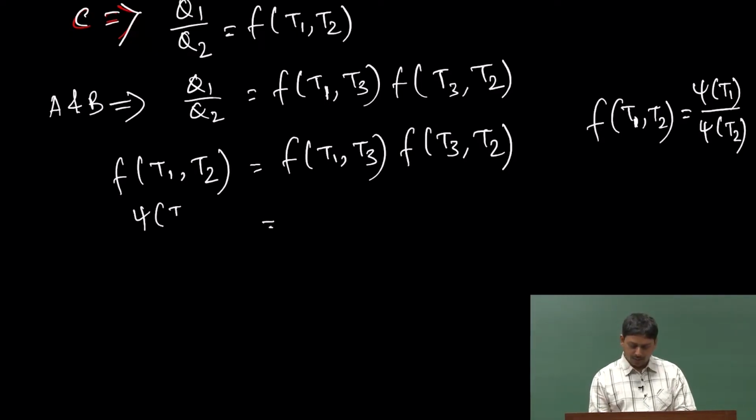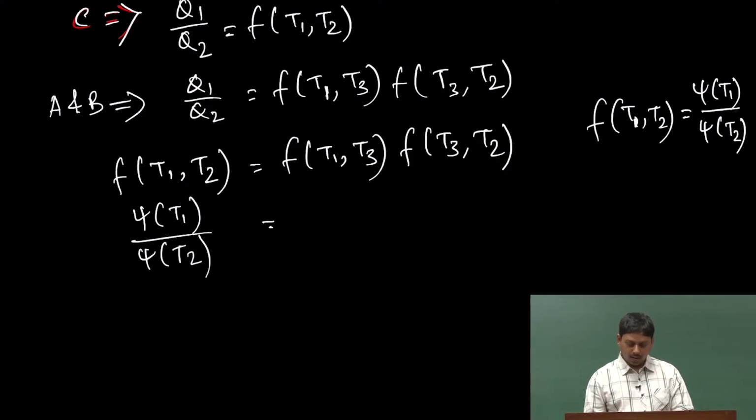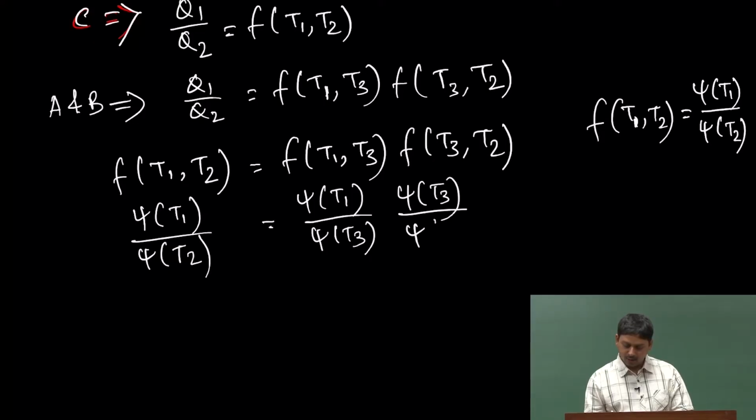So, this can be a function of, so psi T1 is a function of T1 and this ratio is the overall function. We can write it the same way. You see, if we write that, the psi T3 cancels out. So, F, which is a function of two temperatures, is basically a ratio of functions of individual temperatures.